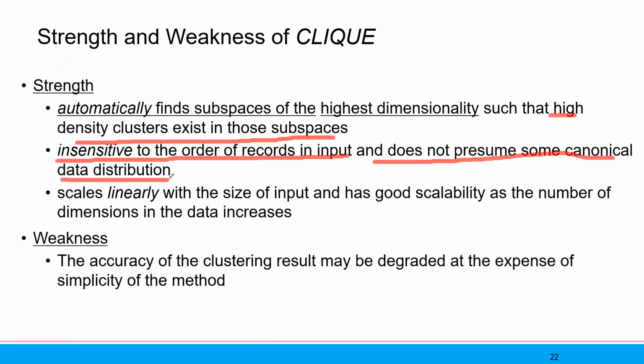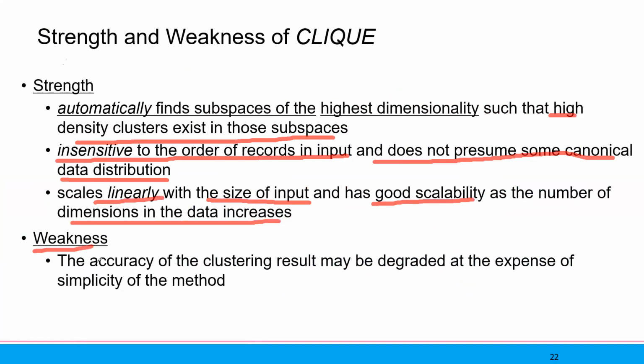So I don't care whether it is normal distribution or whether it is uniform distribution, because I just use the minimum description. And it is linear scale with the size of the input and has good scalability as the number of dimensions in the data increases, because we just use the if then else rules, just using the minimum description.